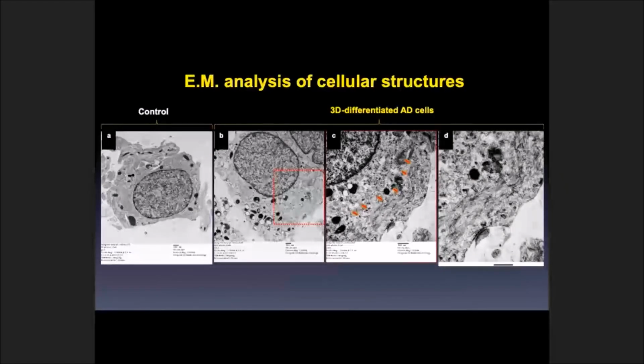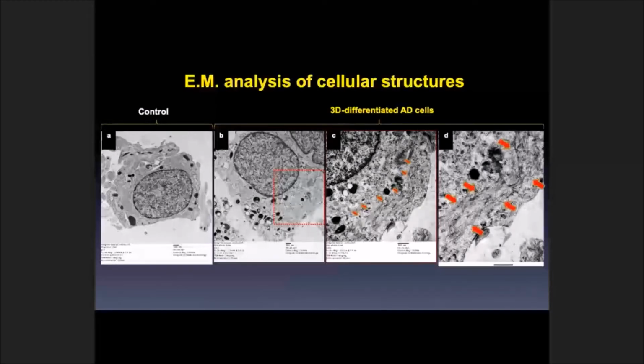Again, we can see those filamentous aggregations only in the AD cells. So all together, these suggest that our model within 7 to 8 weeks recapitulated a very advanced pathological status of Alzheimer's patient brain, at least for the A-beta plaques and tau tangles.